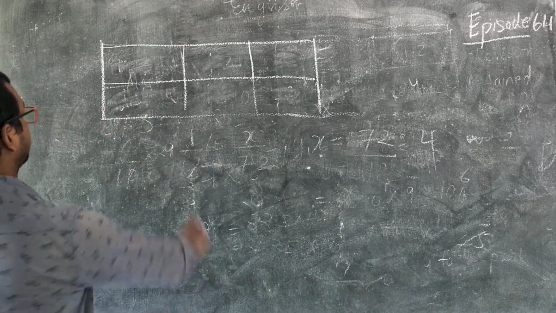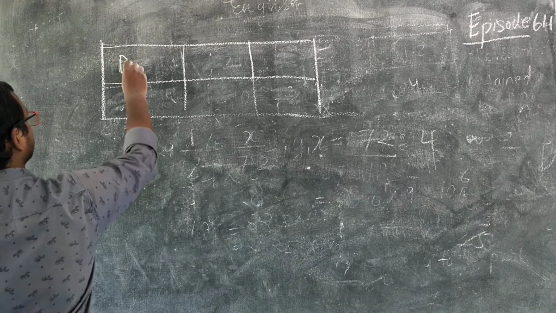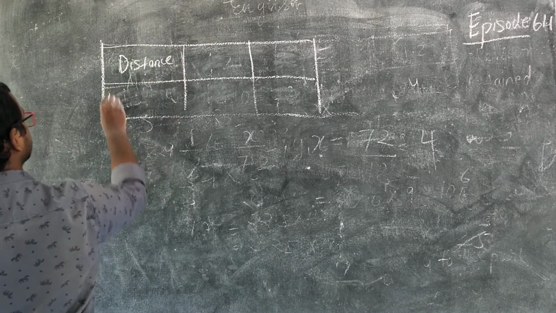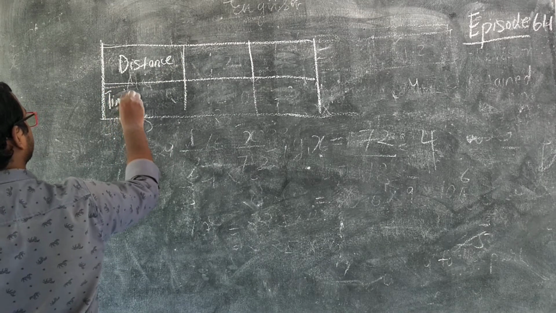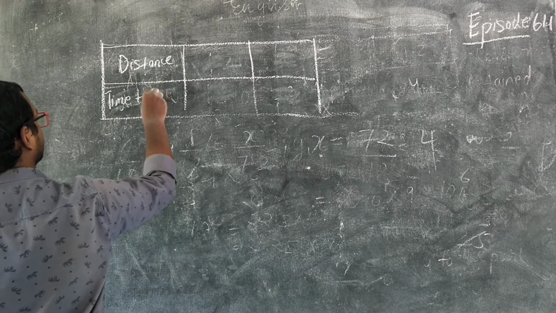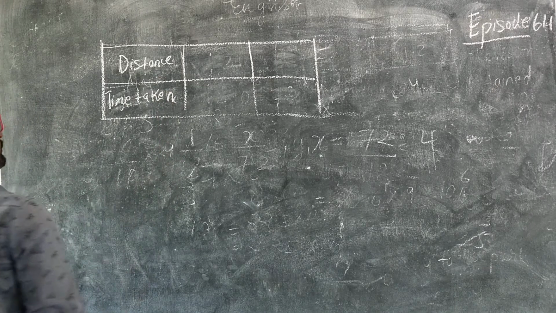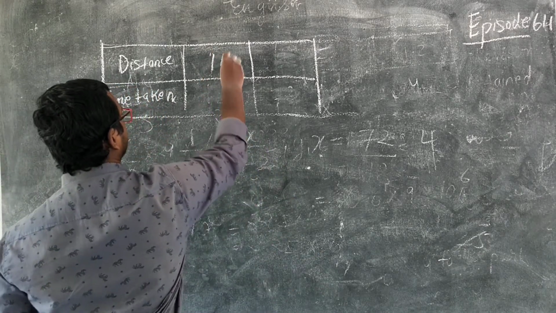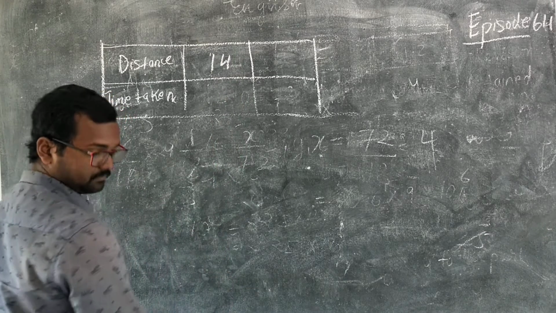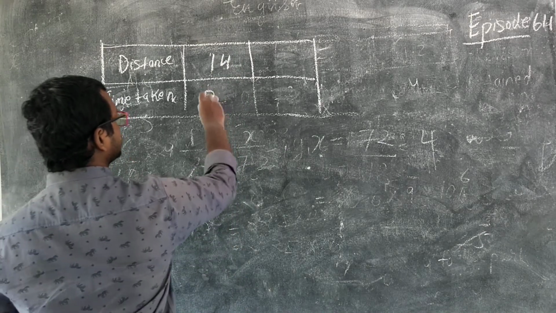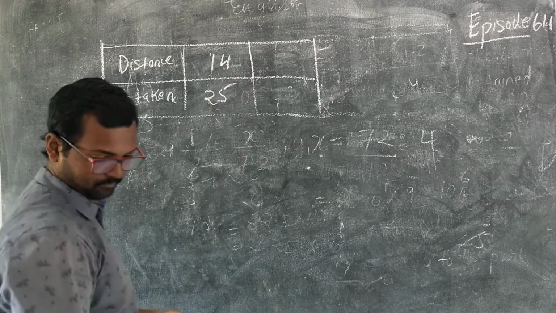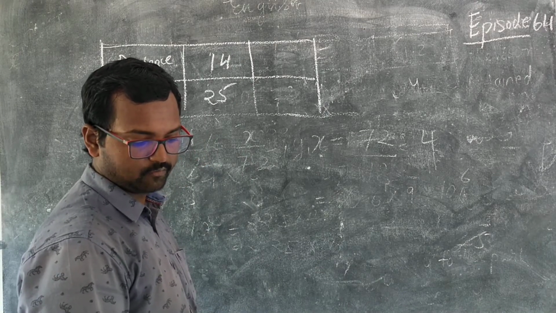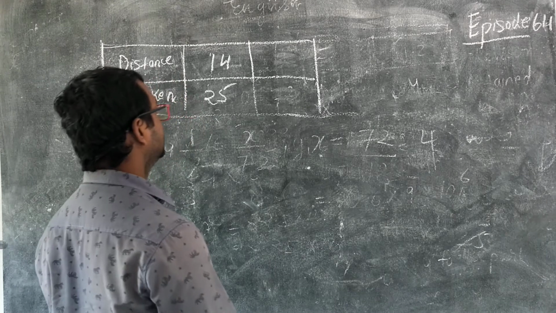So 14 kilometers are traveled, so this is the distance, and this is the time taken. So the distance traveled is 14 kilometers. In how much time? In 25 minutes. Next, if the speed remains the same, how far can it travel in 5 hours?